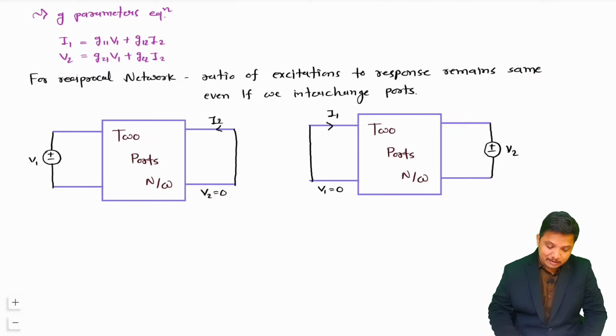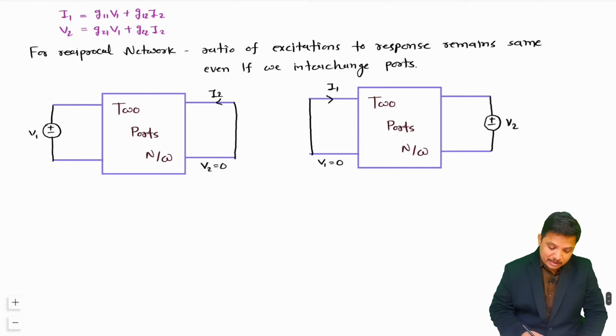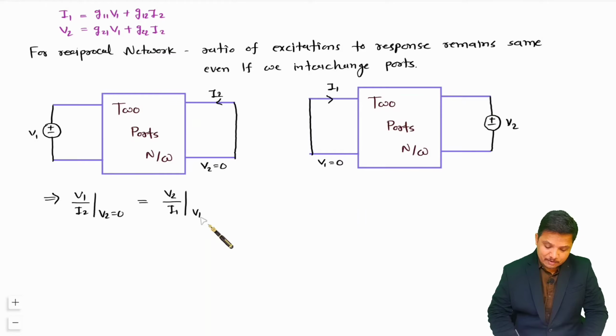So let us try to derive this with respect to G parameter. Here the ratio of excitation V1 to response I2, provided V2 is 0, is the same as the ratio of excitation V2 to response I1, provided V1 is 0.